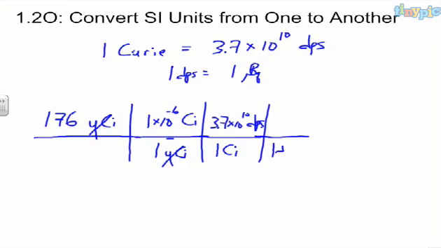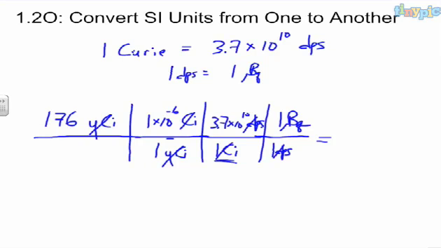And 1 disintegration per second is equal to a becquerel. And some of you will right away go, oh, well, since a disintegration per second is a becquerel, you'll go straight from, 1 curie is equal to 3.7 times 10 to the 10th becquerels, and that's all right. But we cross out what we got here, and if we multiply the top and divide by everything in the bottom, we should find out how many becquerels this problem is. And so let's go ahead and do that.